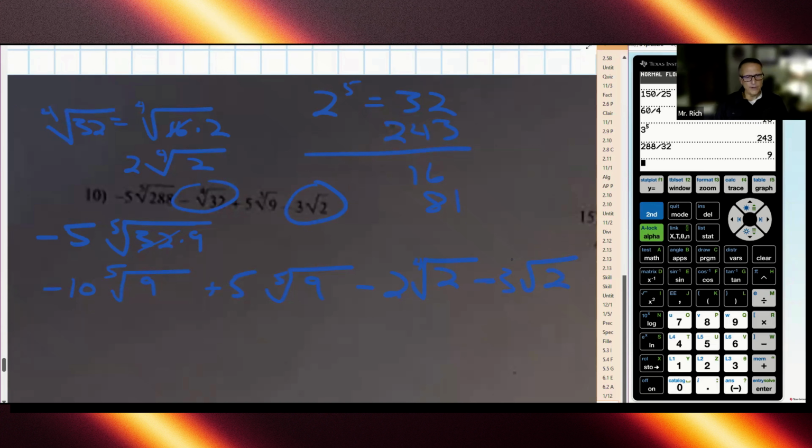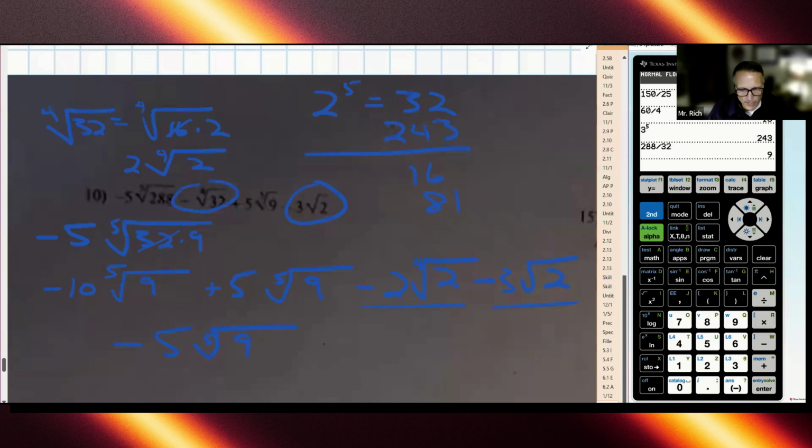Well, what I've got is two like terms here that can be combined, because if I've got a fifth root of 9 and a fifth root of 9, those can be combined as like terms. So -10 and 5 is -5. So it's -5 multiplied by the fifth root of 9. And then there's nothing really to do in terms of combining those terms, because they're different roots and they're just added and subtracted.